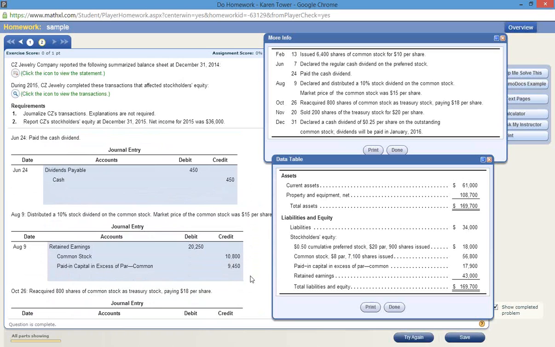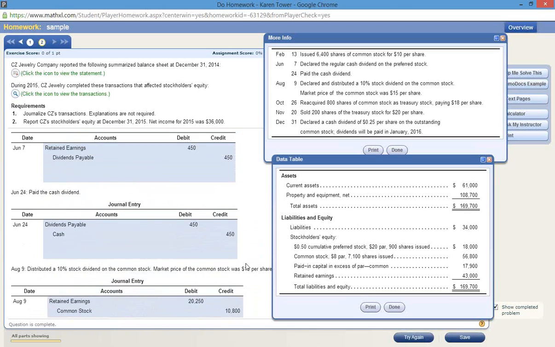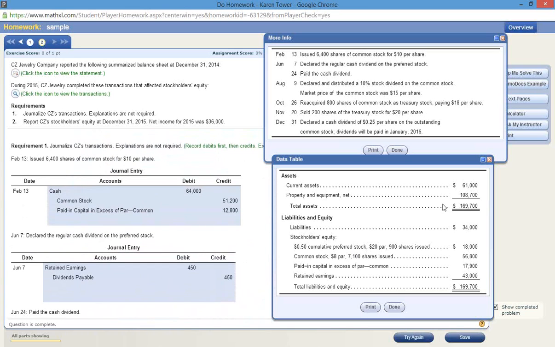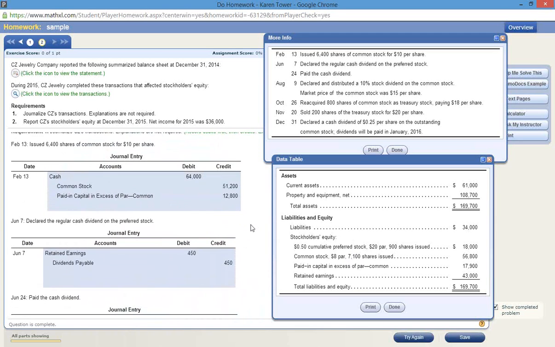We distributed a 10% stock dividend on the common stock. The market price of the common stock was $15 per share at the time that we did that. Well, originally with our common stock, we had 7,100 shares issued. We issued an additional 6,400 shares. So that's 13,500.